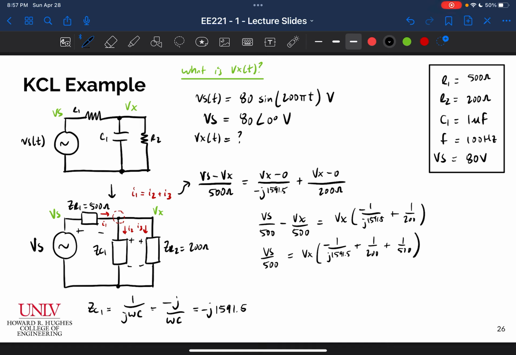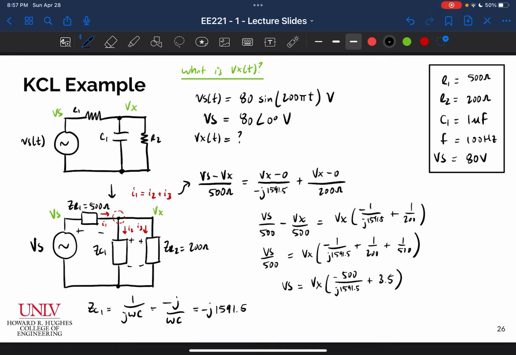And now I can multiply both sides by 500. So I would get Vs is equal to Vx times minus 500 over J1591.5 plus 500 over 200, which is 2.5. And then plus 1, so 3.5 right here.